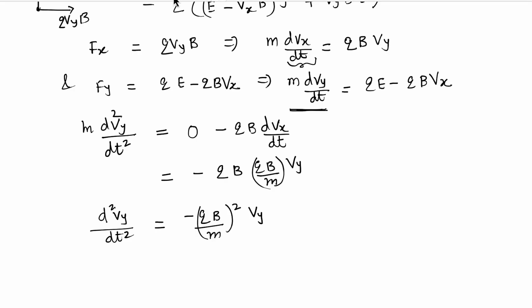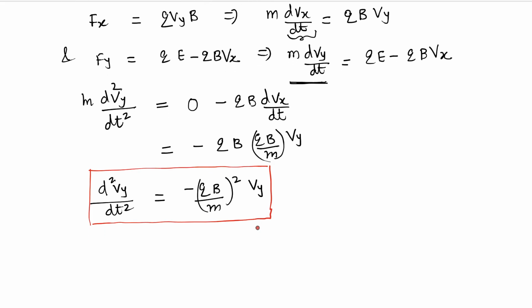So what do you think? What does this equation resemble? This is just the equation of an SHM for Vy, right? So the velocity in y will be doing SHM, which means it will go up and then come down, and then go up and come down, and it will keep doing that, right?